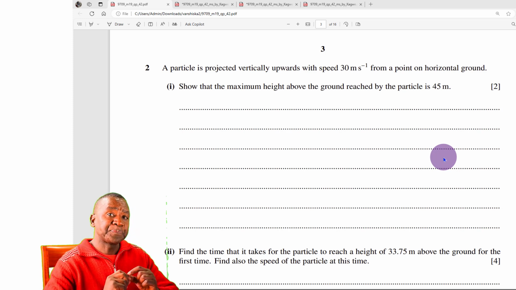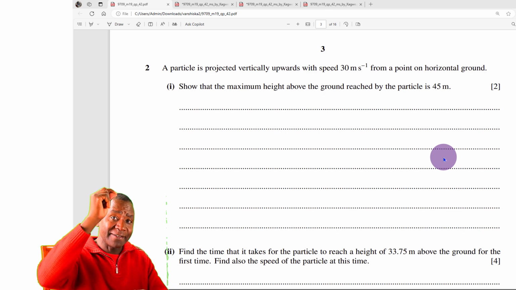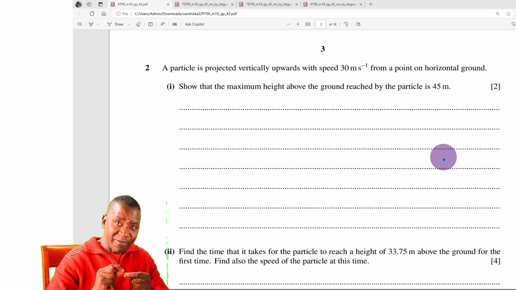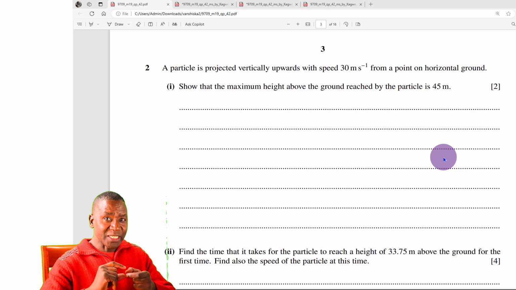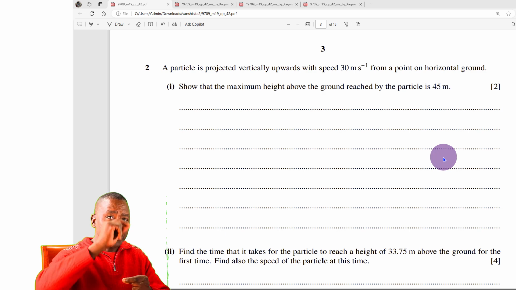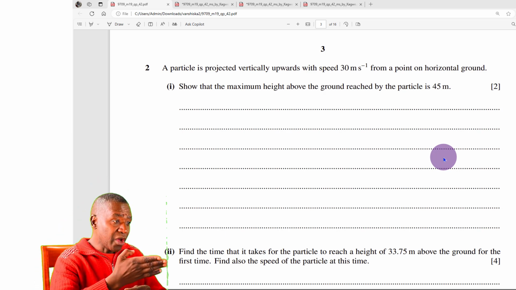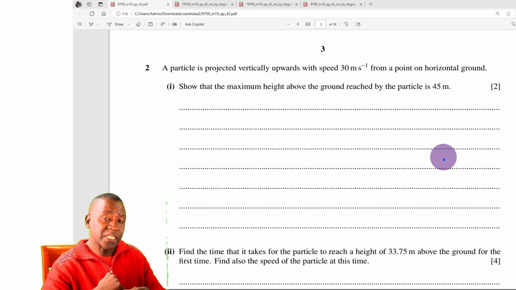And then the height that it covers is equal to the height that it's going to cover on its way downwards. Why is that important? It's because of this. When we are projecting it, its displacement is 0. After a certain amount of time, it rises to maximum height. This time, we've been asked to show that this maximum height is 45 meters.